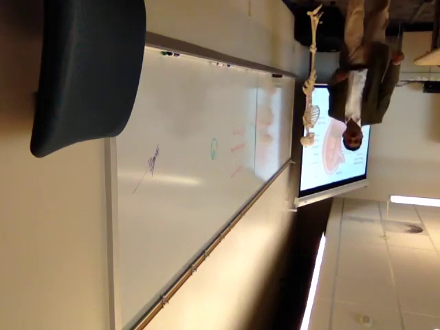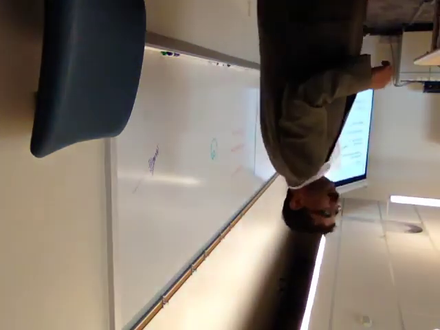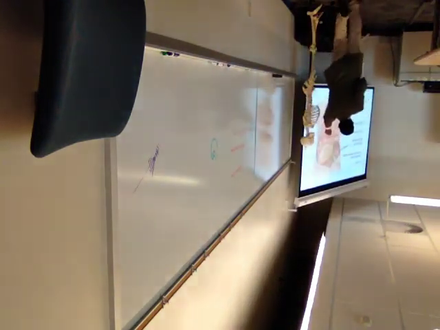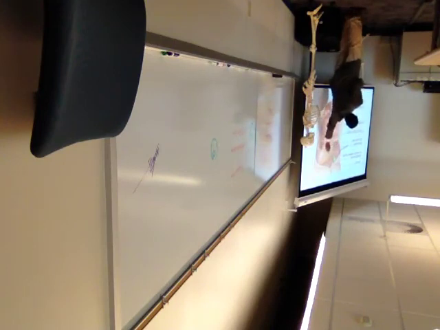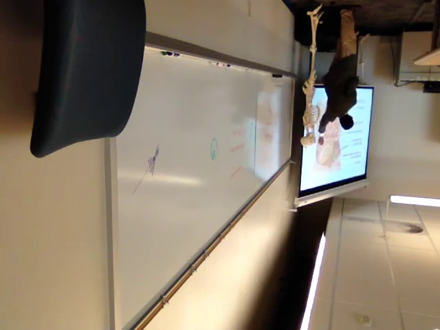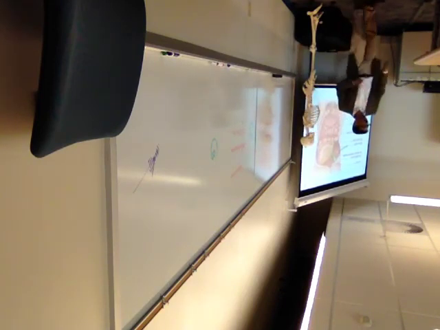Now, what happens? The lesser curvature is this one. Lesser curvature provides attachment to the lesser omentum, and greater curvature provides attachment to the greater omentum.